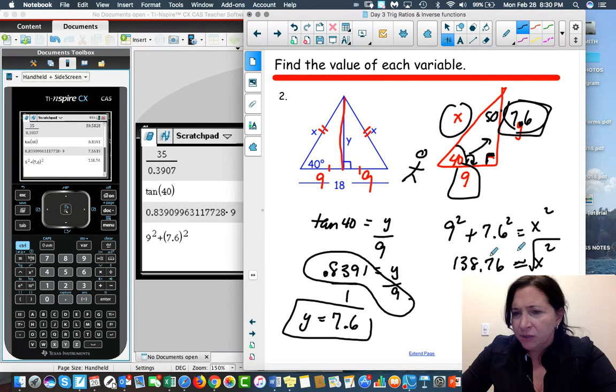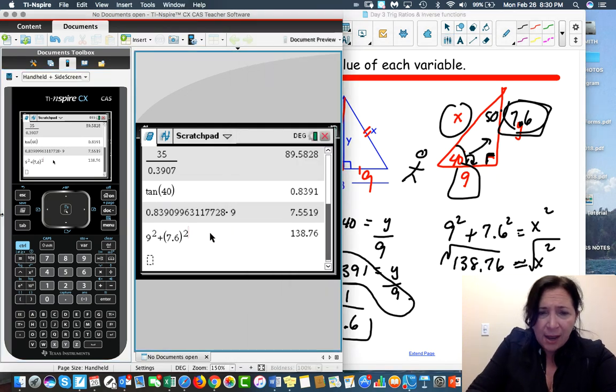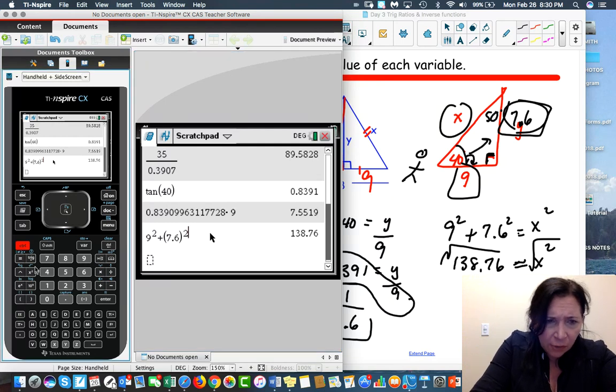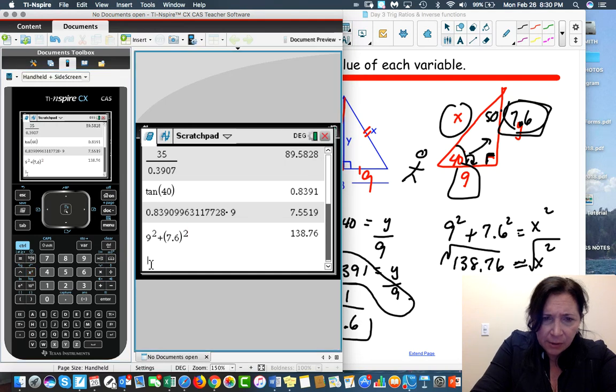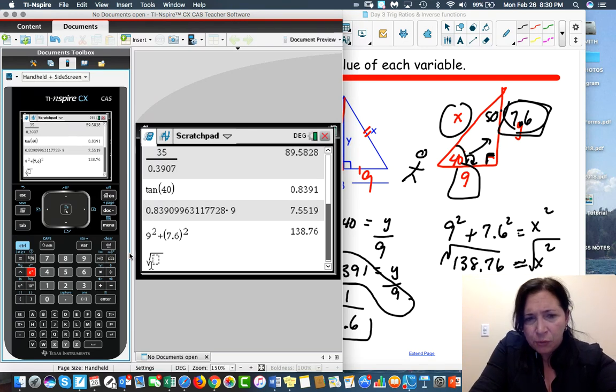So now I have to square root both sides, and I'm going to get x is equal to about, because I am approximating since I did round, the square root of that. So I have to find the square root sign. You'll notice that on your calculator, in order to get the square root sign, you need to go second, which is control.